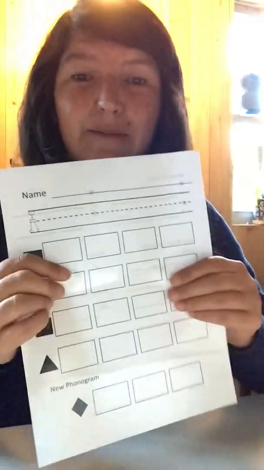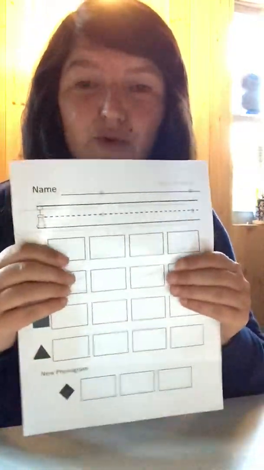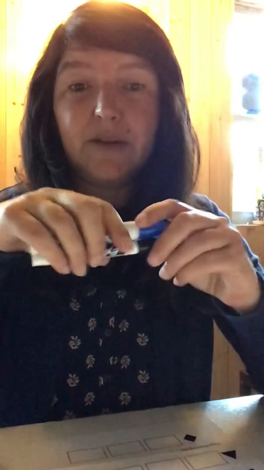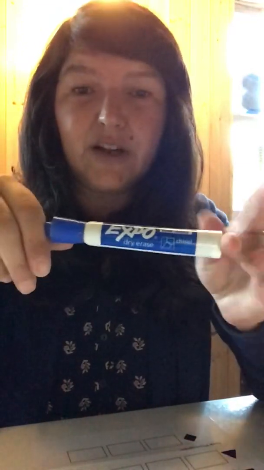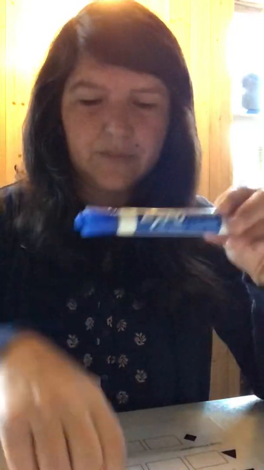Now, I have this page, and it's laminated. That means that it feels smooth and it's shinier than regular paper. And when I have a laminated paper, I can use a dry erase marker to write on it. This is a dry erase marker, and you may have one like this, or you could have a skinny one like this. They usually have EXPO, Expo, but not all do.